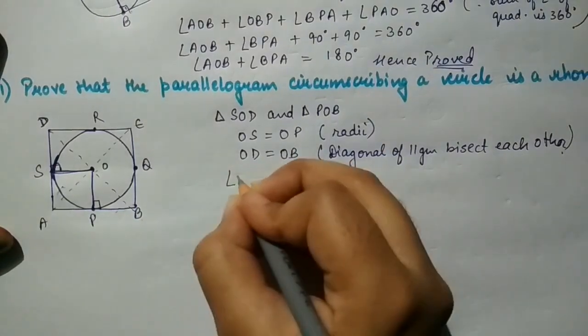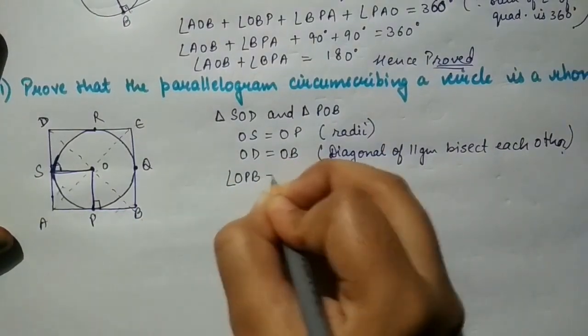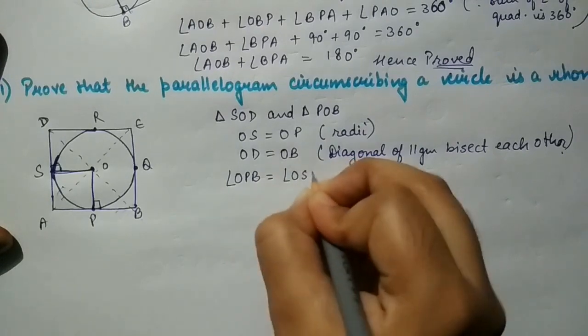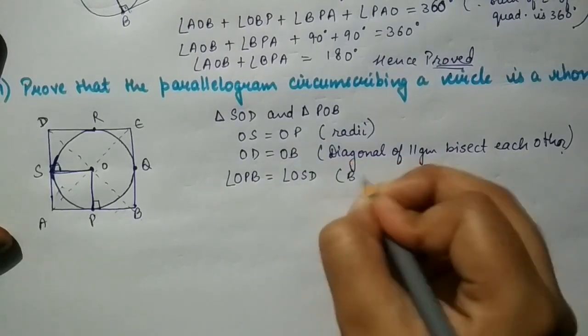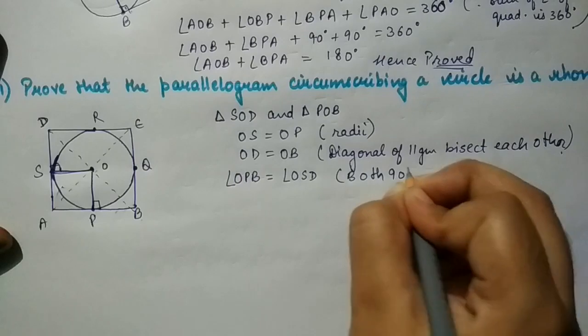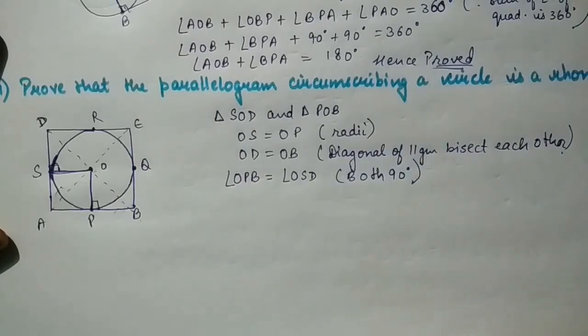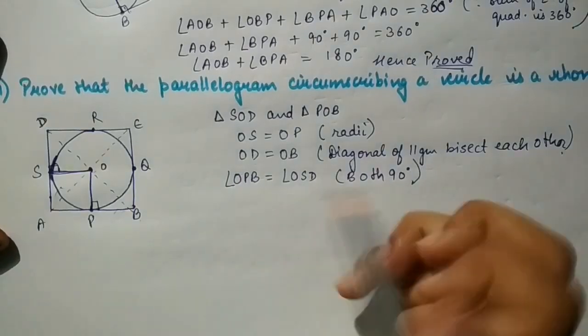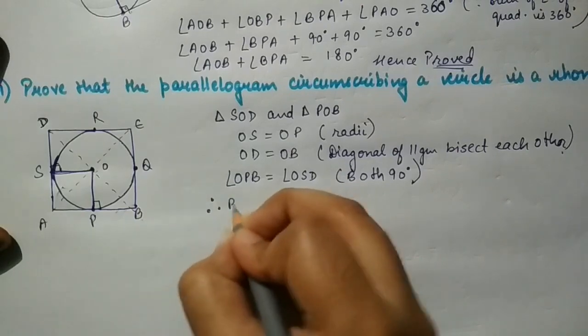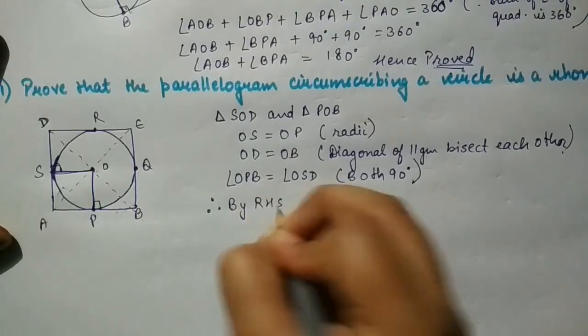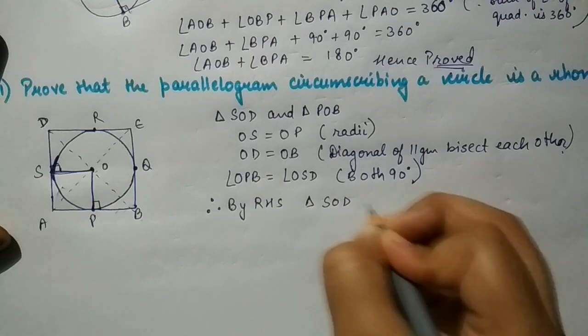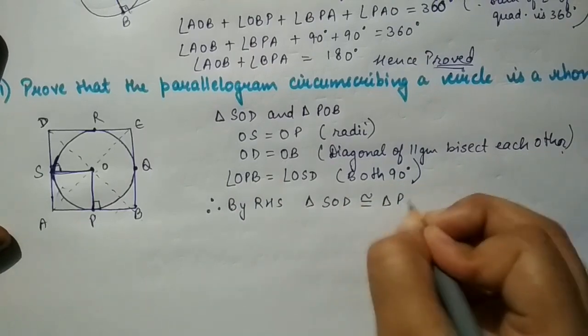So angle OPB is equal to angle OSD, because both are 90 degrees. Why are they 90 degrees? Because the radius is perpendicular to the tangent. This is the result that we have used here. So therefore by RHS, triangle SOD is congruent to triangle POB.